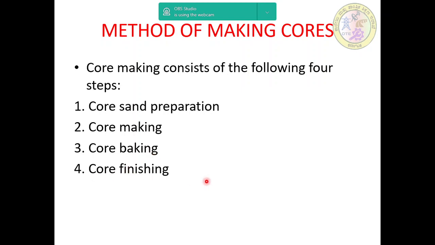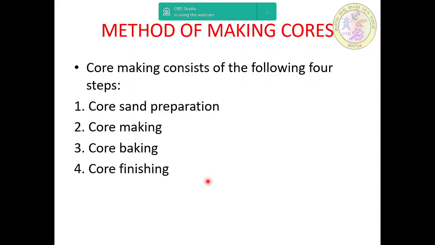And last type is core finishing. Here, core finishing, the baked cores are finished by rubbing or filing with special tools to remove any fins or bumps or loose sand or any other sand projections from its surface. The cores are also checked for dimensions and cleanliness.